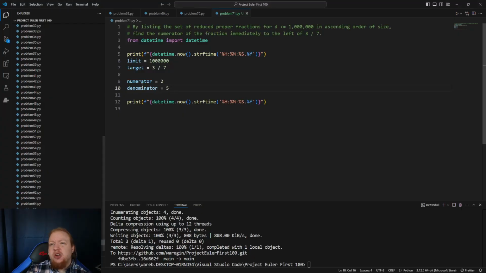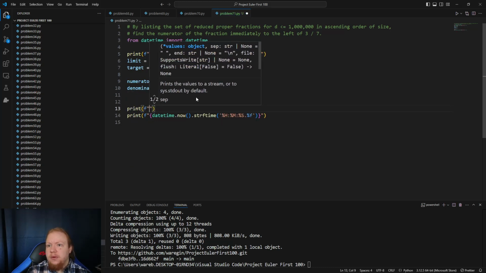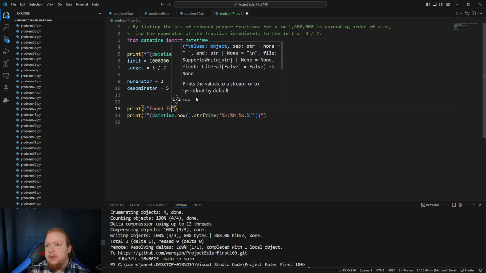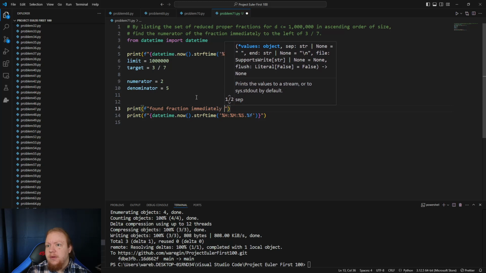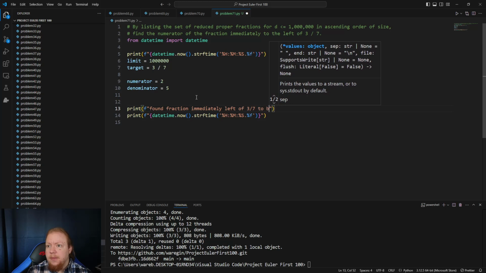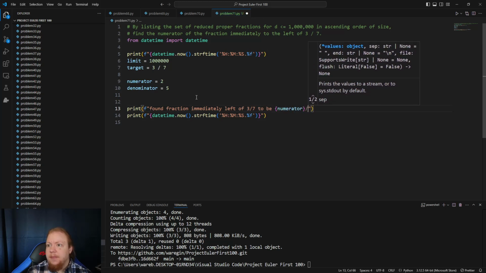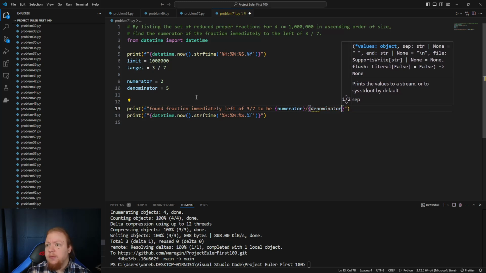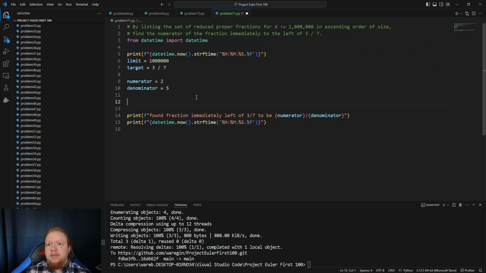So I'm just starting it off here, and then at the end we'll print it out like that. Right now, it would just print 2/5, obviously.